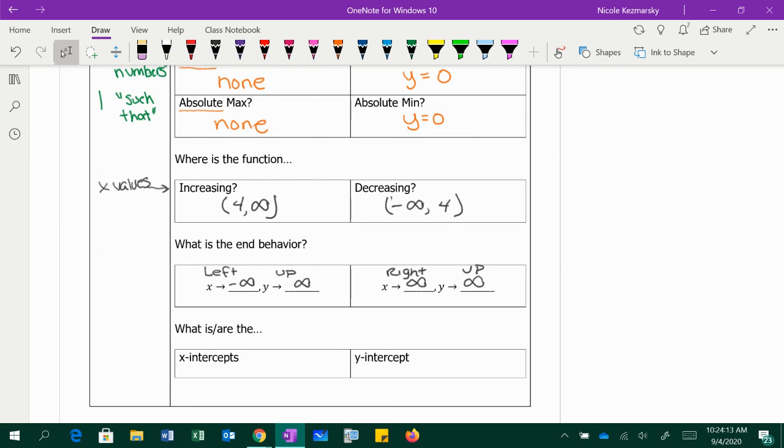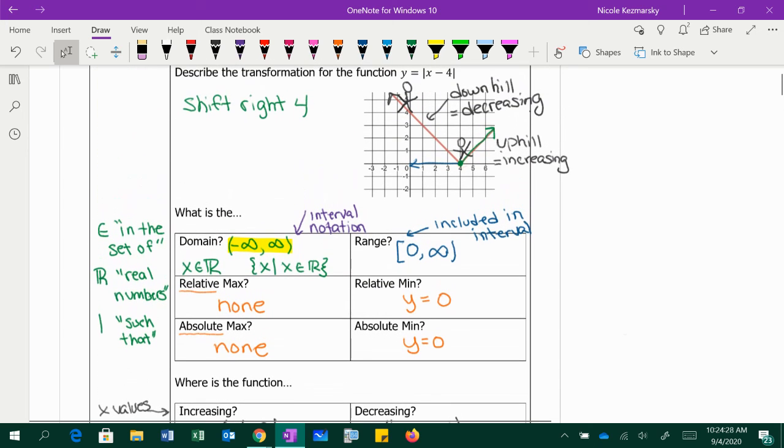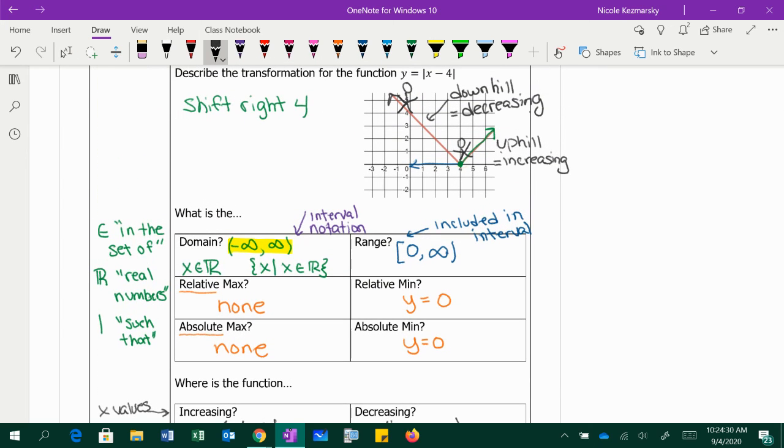Last thing we're going to analyze are the x and the y intercepts. So x and y intercepts are where the graph crosses the axes, either the x-axis or the y-axis. So for an x-intercept, we want to look where the x-axis is and look at where the graph hits it. Well, the graph hits it right there.